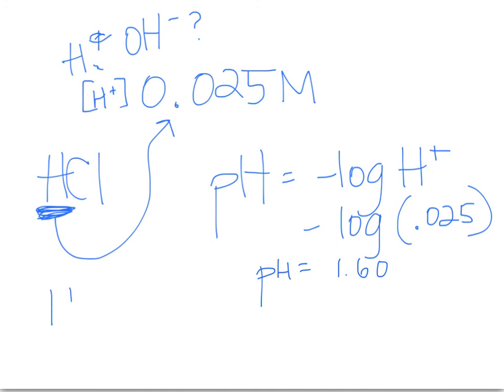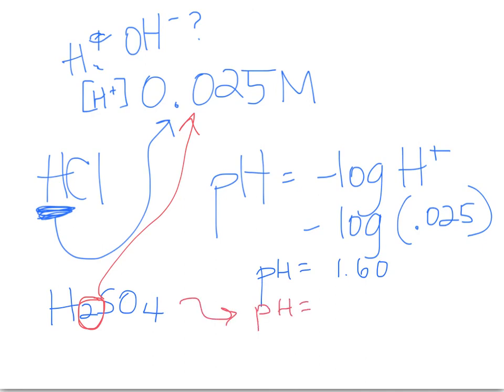Now, what if they gave you sulfuric acid? Now, this guy's just a little bit different because you might notice he's got two hydrogens. So that's the concentration of both hydrogens. So when I'm doing this problem, it's going to look a little different. I'm going to say the pH is equal to the negative log, but instead of just 0.025, I'm going to have to divide that by 2.